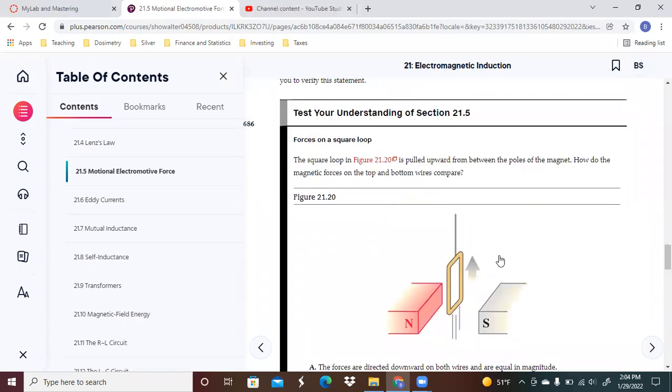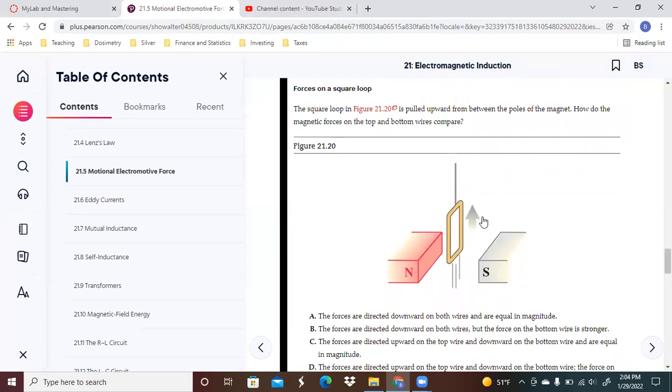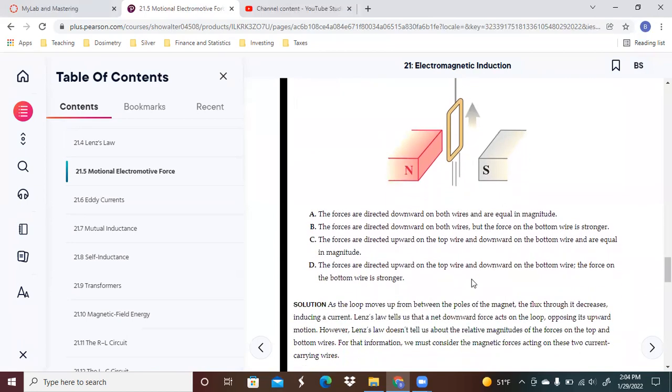So let's take a look here. Forces on a square loop. So we've got a square loop here, and that is pulled upward from between the poles of the magnet. How do the magnetic forces on the top and the bottom wires compare?